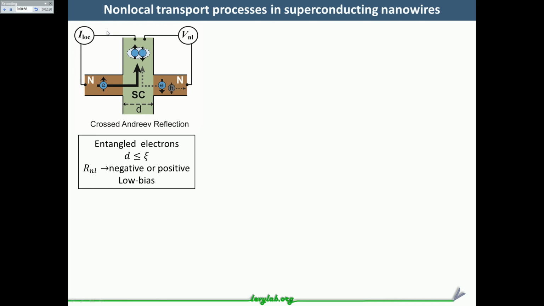The resistance in this process can be negative or positive. We define resistance as the non-local voltage measured here divided by the local current here. It generally happens at low bias, and it's non-zero at zero bias.